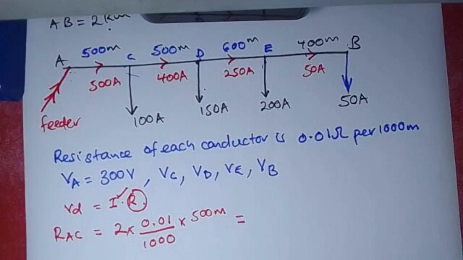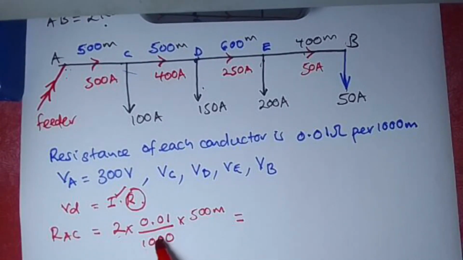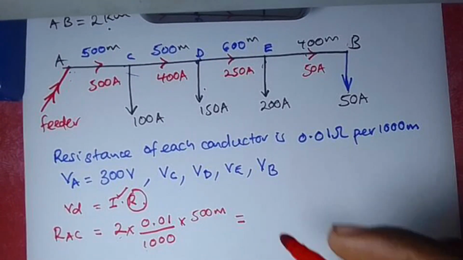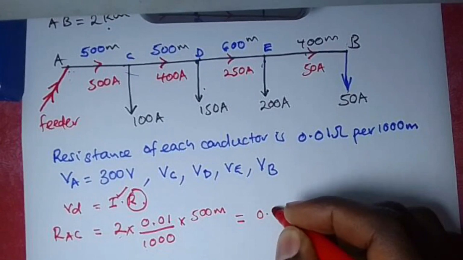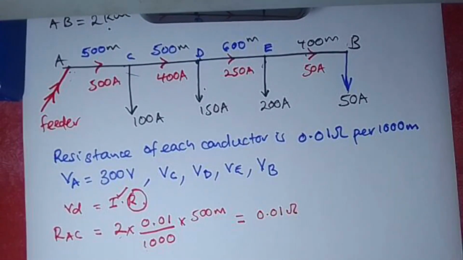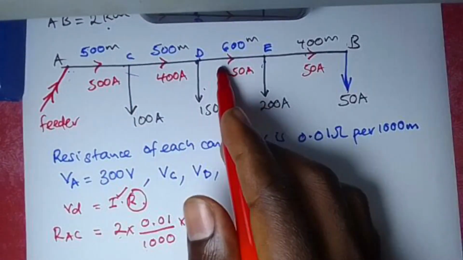For example, this is 2 times 500. 2 times 500 is 1000, so times 0.01, that will give us 0.01 ohms across that particular section. So that will be the resistance across that section. Then we can calculate the resistance across section CD.